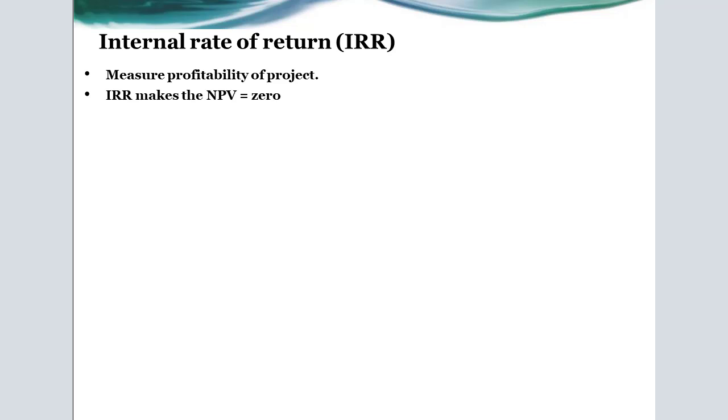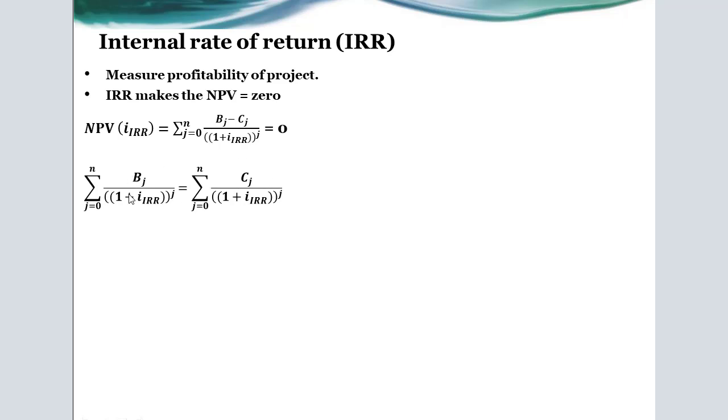By using this principle, we can calculate by trial and error the value of a specified internal rate of return, as we will see. So by putting this equation equal to zero, the summation of all benefits equals the summation of all expenditures, of course taking into account the time value or discounting rate.